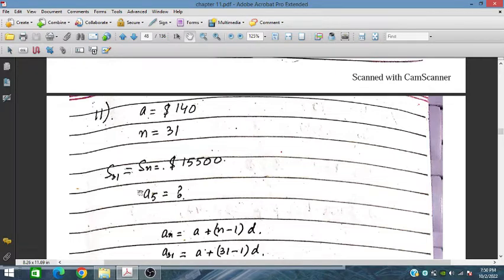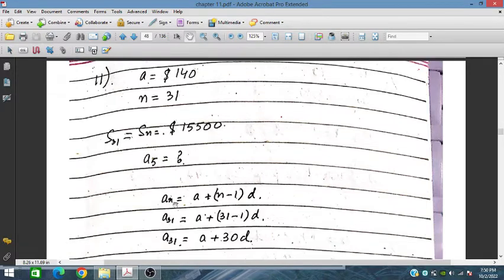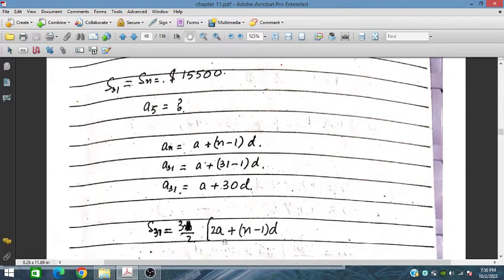We have to find this A5. An is equal to A plus (N minus 1)D. N is 31. For the 31st term it is A plus 30D. So this is 31. Sn is equal to n over 2 times (2A plus (N minus 1)D).